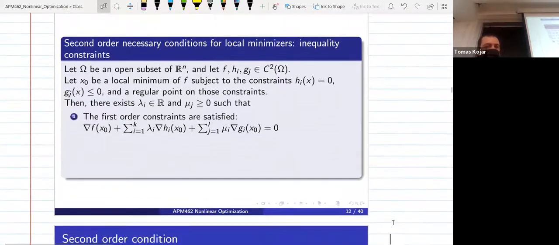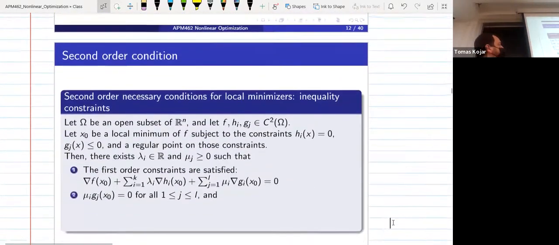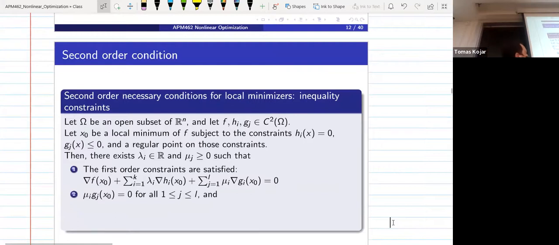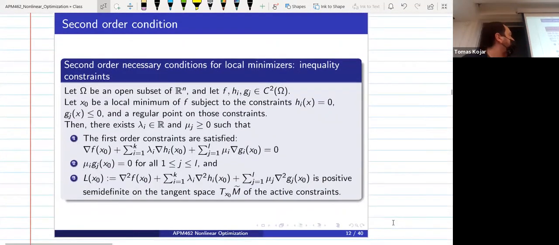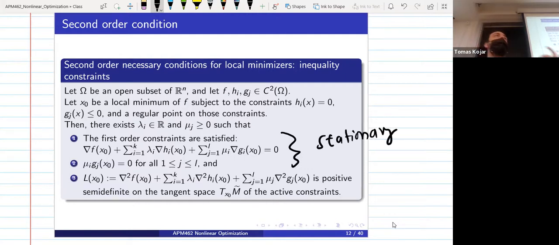We just showed that if your point is a local min, you need to have these two conditions. And the final one, as usual, is a convexity condition. Let me remind you, in the quiz, you had to find the stationary points. In a sense, these are called stationary points. But the point pi was not a local minimum. It was a saddle point, right?